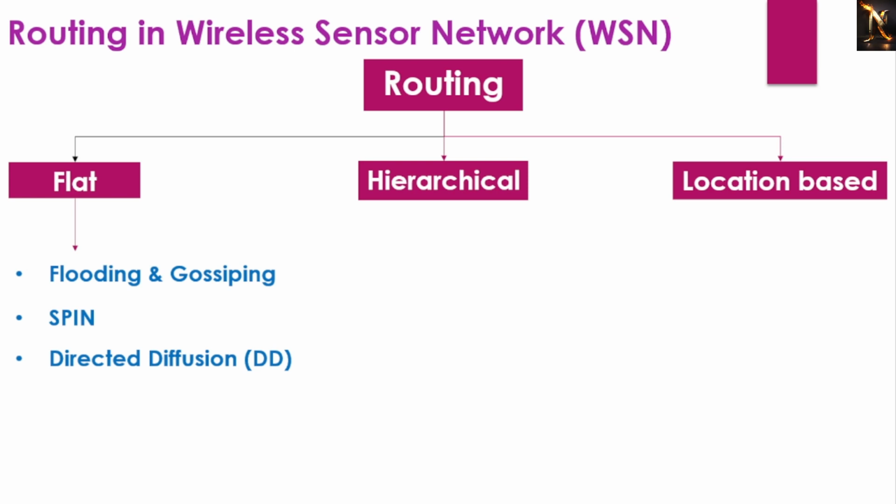Within the hierarchical architecture, the routing algorithms consist of LEACH (low-energy adaptive clustering hierarchy), PEGASIS (power-efficient gathering in sensor information systems), and two-tier data dissemination, TTDD. For the location-based architecture, the routing algorithms encompass geographical and energy-aware routing, GEAR, and greedy perimeter stateless routing, GPSR.